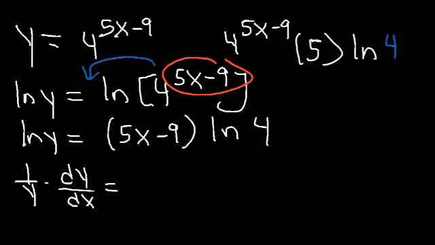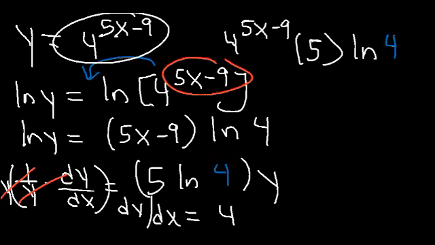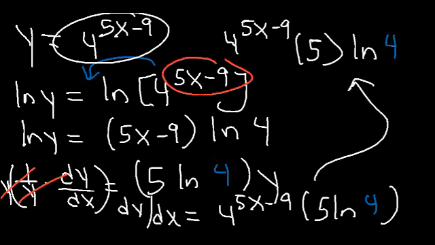The derivative of 5x minus 9 is simply 5 times the constant ln 4. So now let's multiply both sides by y. So we can see that dy dx is y, which is 4 raised to the 5x minus 9 times 5 ln 4, which is what we have up here.